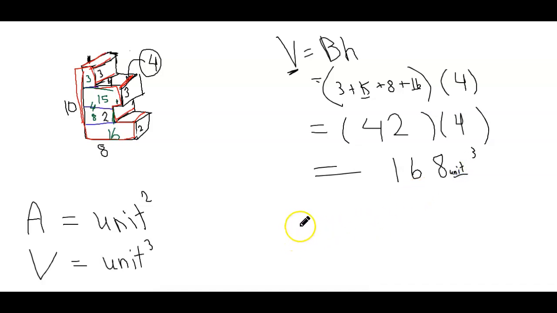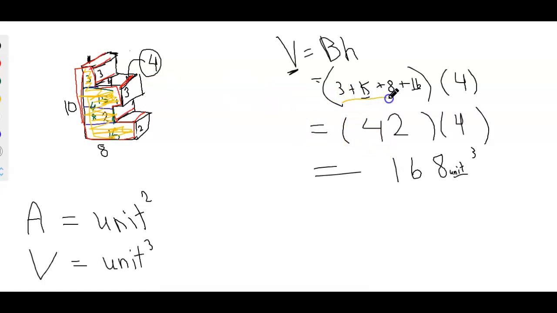Okay, so quick recap. If you have a goofy shape like this, cut up the shape to find all the individual little areas. Once you have the area of the entire shape, you put that area in your formula.